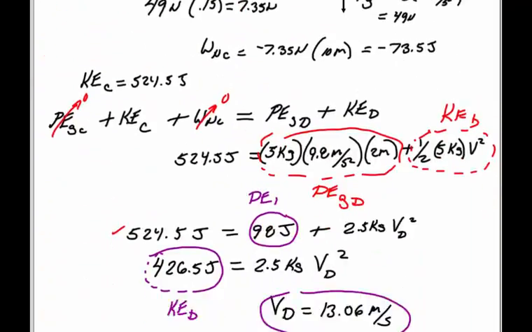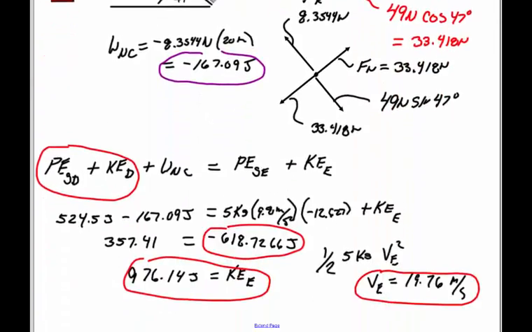Now, we want to go down here and find what's taking place at F. Now, I am not losing any energy between E and F because there's no work being done by non-conservative forces whatsoever. So if you think about what that's going to be, it's just going to be a combination of how much gravitational potential and how much kinetic energy I have here.